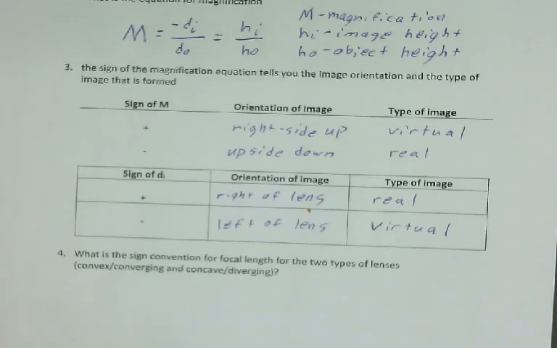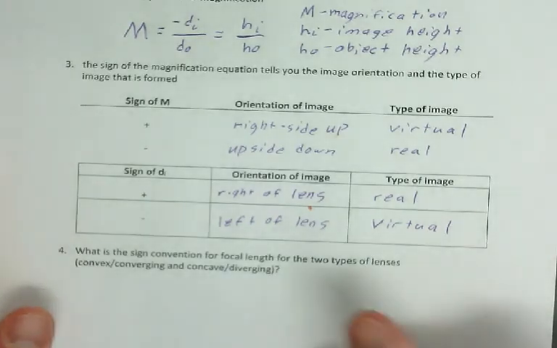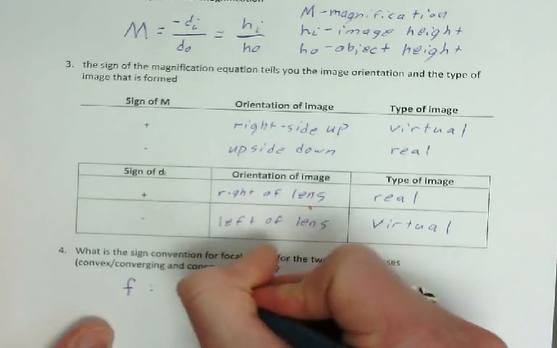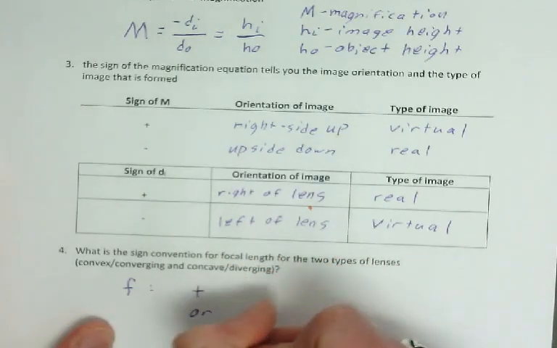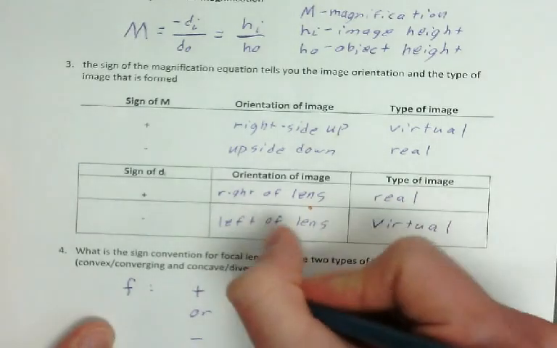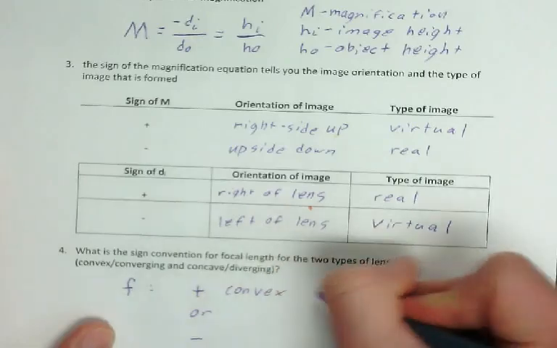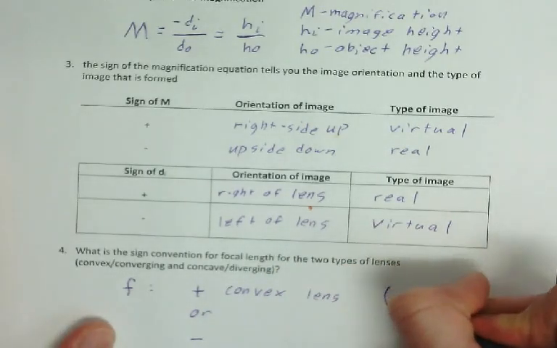Okay, what's the sign convention for the focal length of the two types of lenses? So the focal length f can either be positive or negative. It is positive for convex lenses. Remember, convex lenses are the ones that look like this.